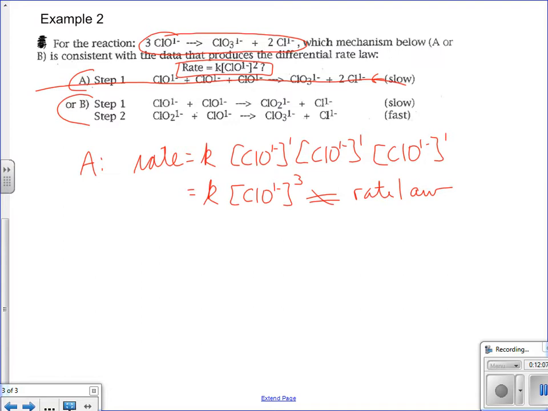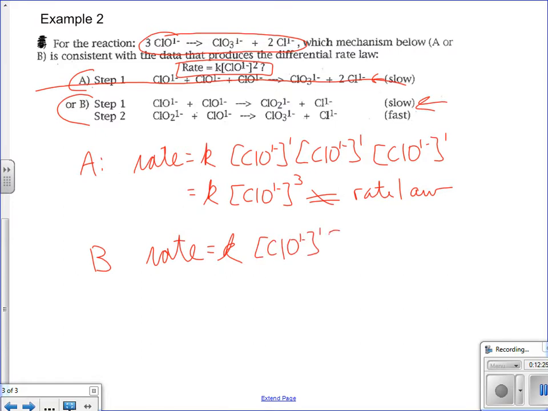So, let's check B. Here's our slow step, B. And you can try this on your own if you'd like. Go ahead and pause if you know what's going on now. Rate is K times the reactant in the slow step raised to its coefficient.